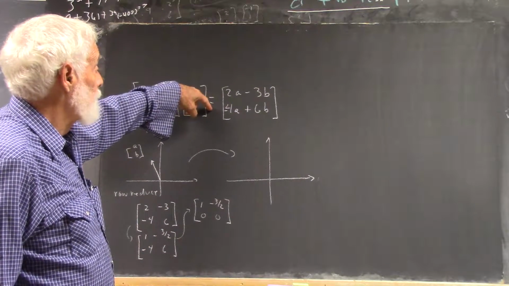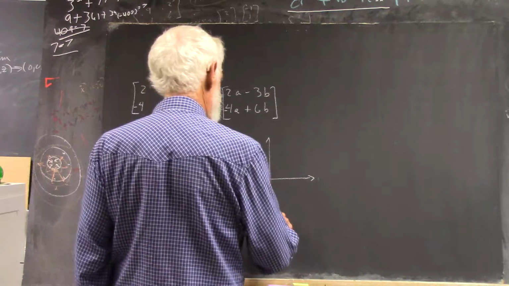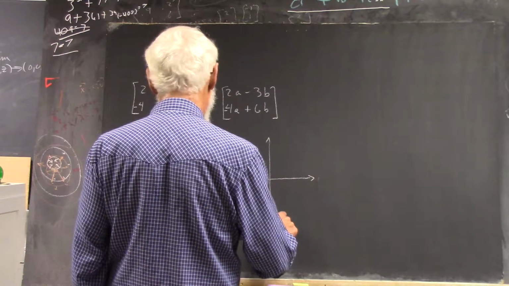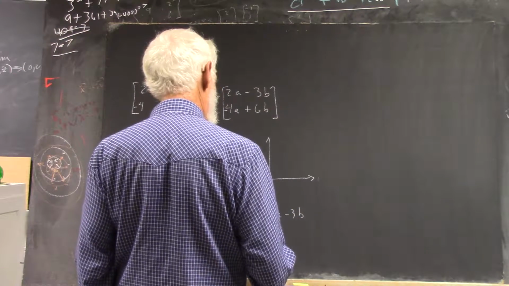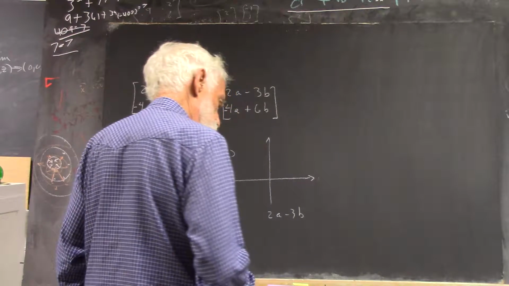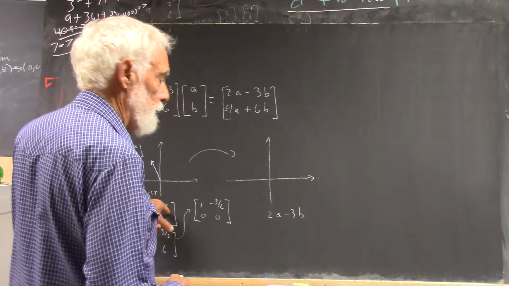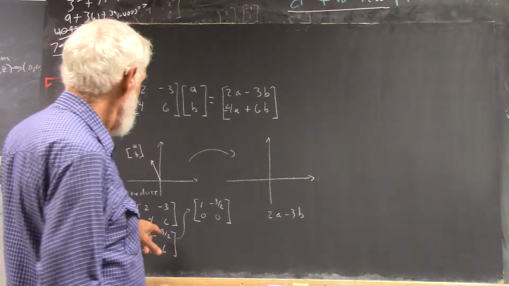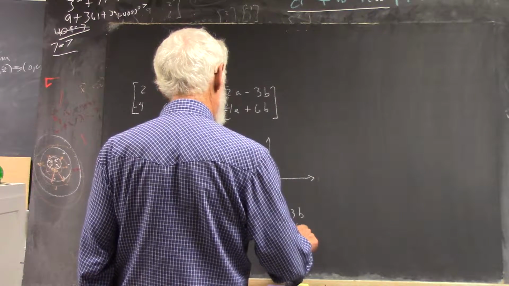Okay, so this stands for 2A minus 3B, right? This stands for minus 4A plus 6B.